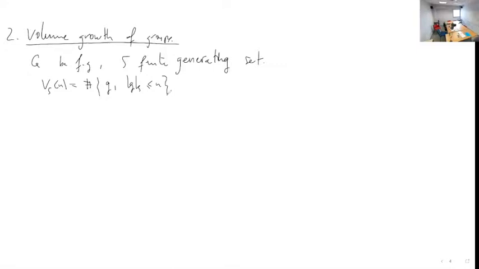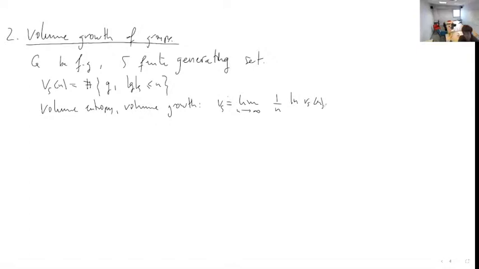And so the volume entropy or the volume growth is denoted by v sub S. It is the limit as n goes to infinity of 1 over n log of V_S(n).